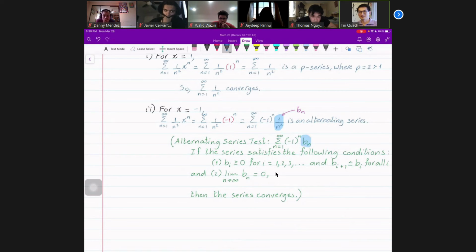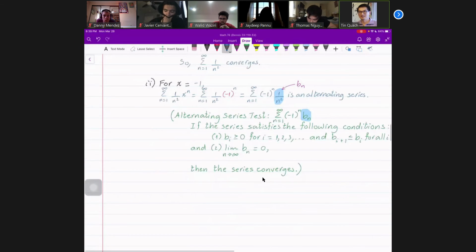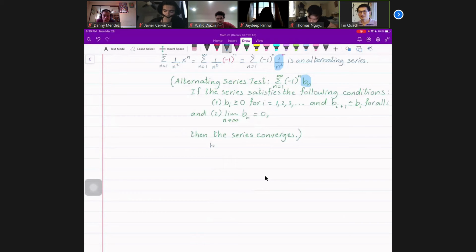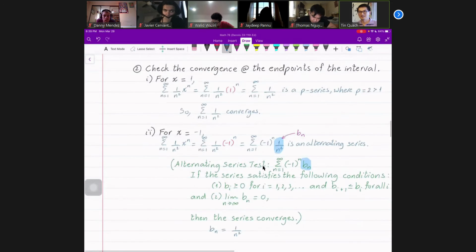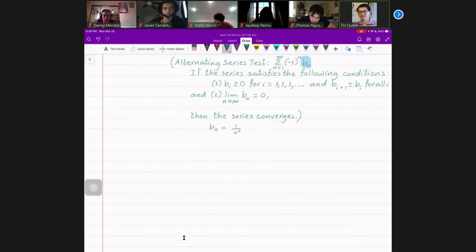So first we need to find out. So b sub n is equal to 1 over n squared. So condition 1. We know b sub n is 1 over n squared, and this is always positive, right?